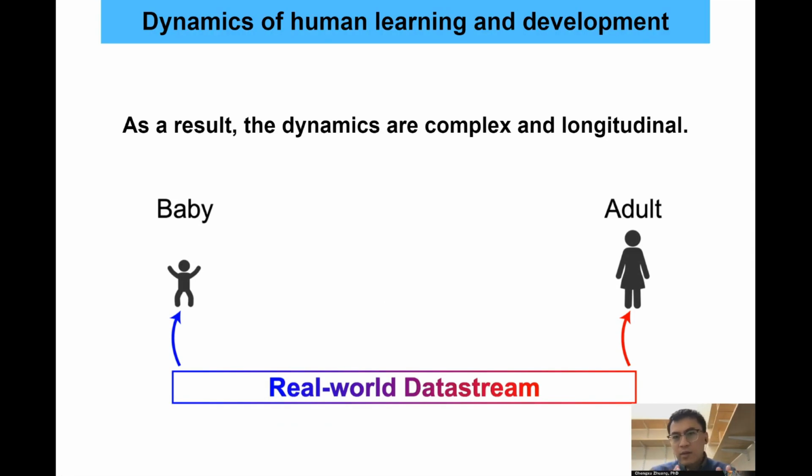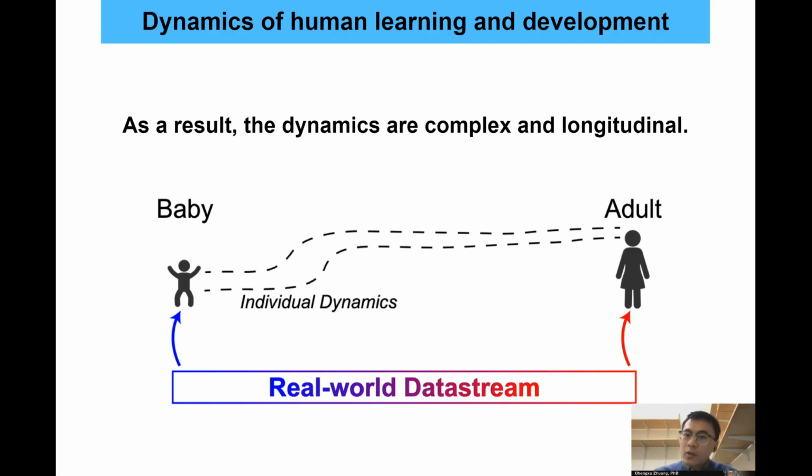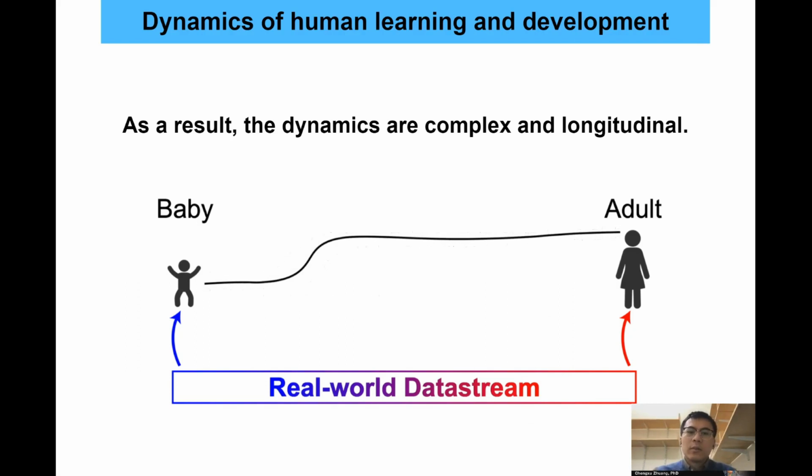So as a result, the dynamics are very complex and longitudinal. Different people may have different dynamics, and even averaging them to get the dynamics averaged across people, there are still dynamics happening at different time scales.